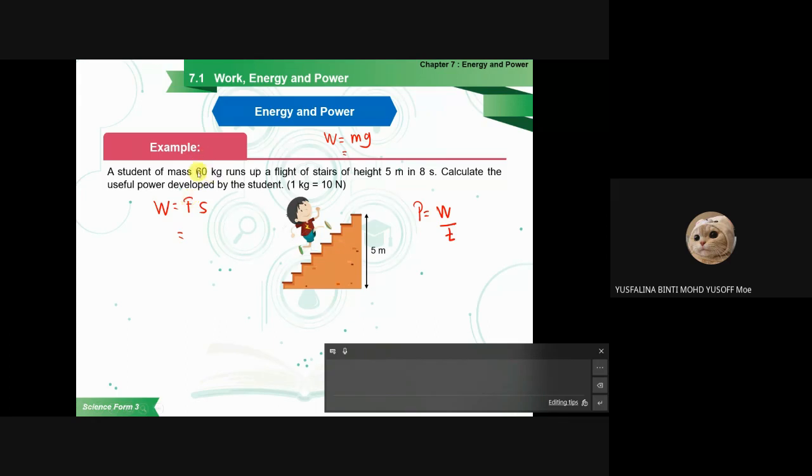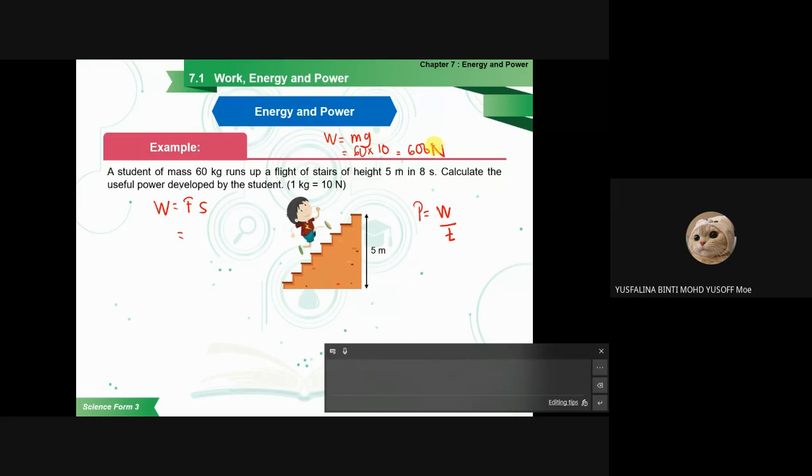So how to change the mass to weight? You just multiply by 10. Mass is 60, and g is the gravitational acceleration, which is 10. So 60 times 10 you will get 600 Newton.